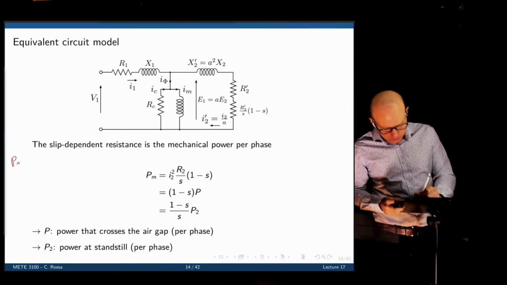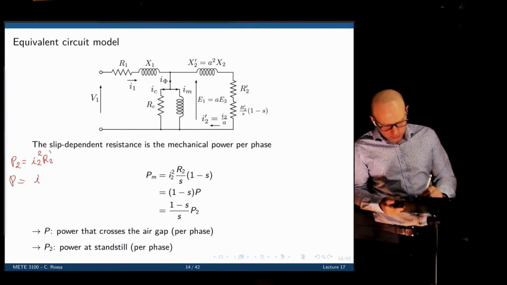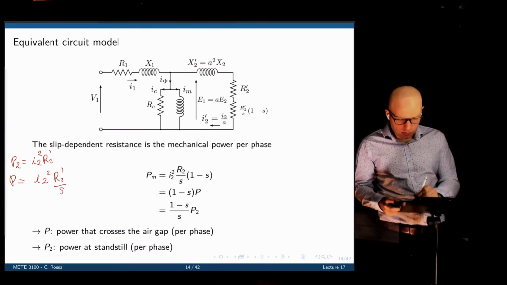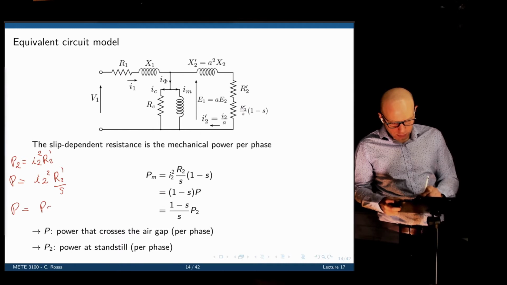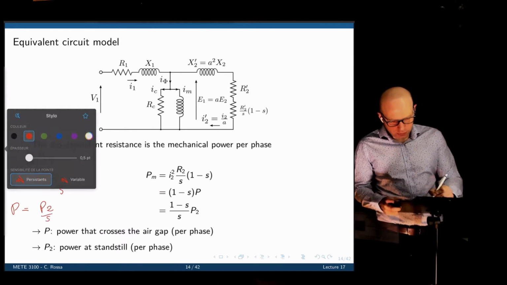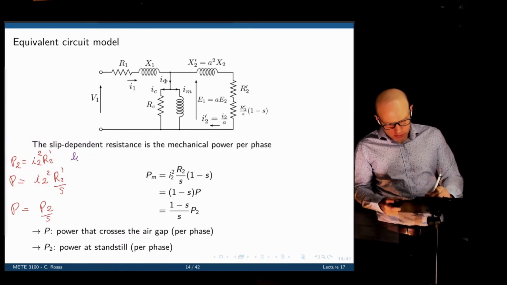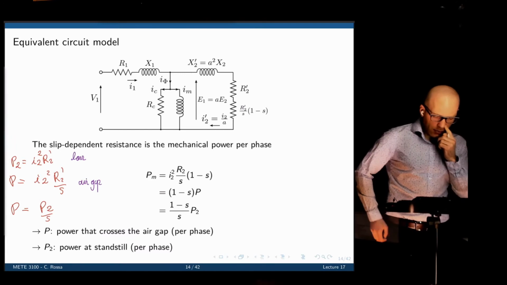P2 is the power at standstill, I2 squared R2 prime, and P equals that divided by S, which means P equals P2 over S. So the first one is the loss, the second one is the air gap, and the third one is the same as the air gap.